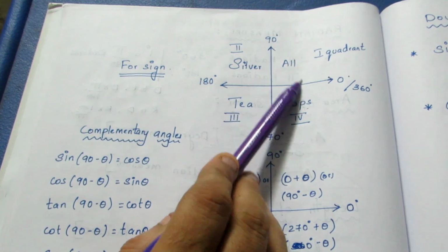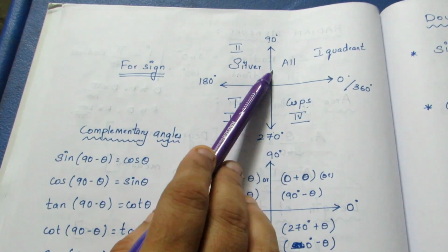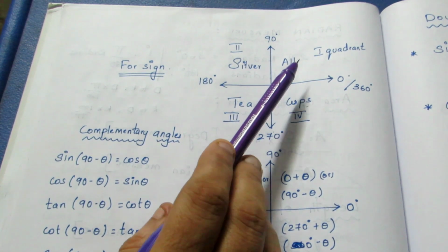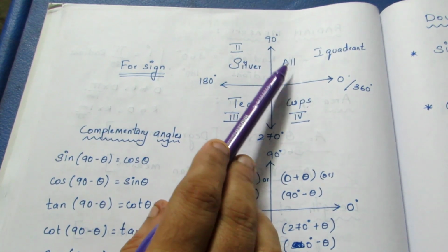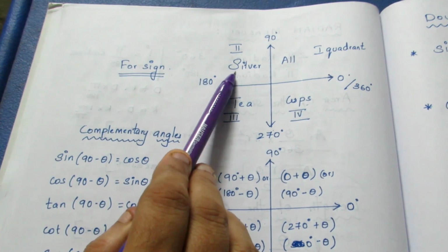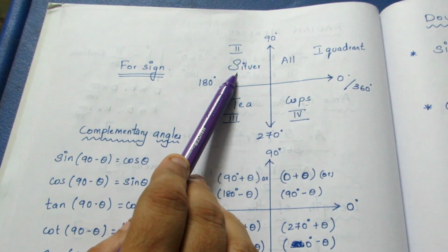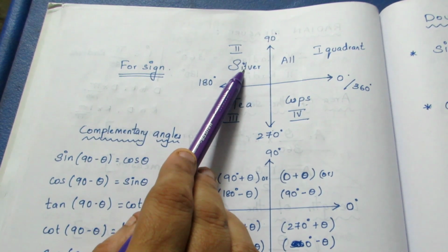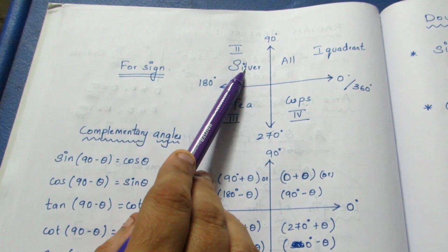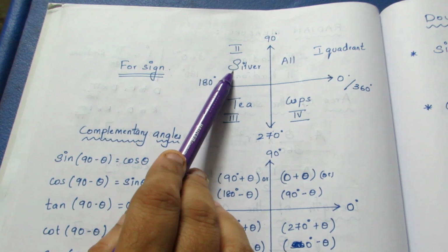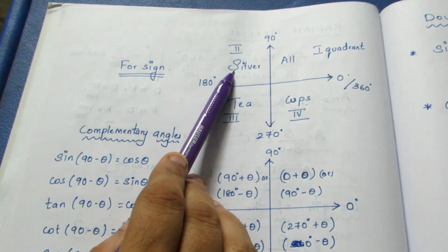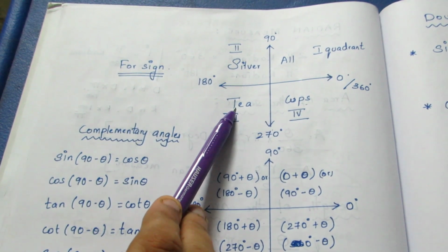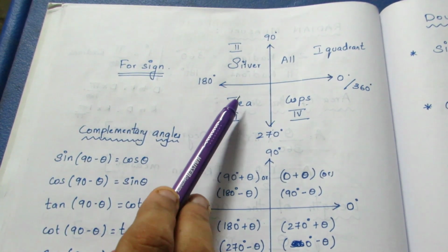Here sine and the reciprocal of sine, that is cosecant, will be positive. The rest of the ratios will be negative. Here T means tan and cot: tan and its reciprocal, that is cot.